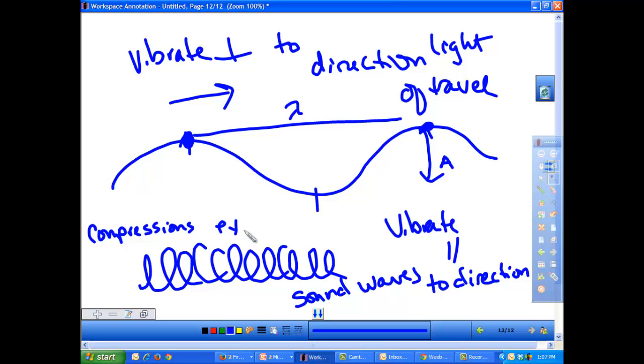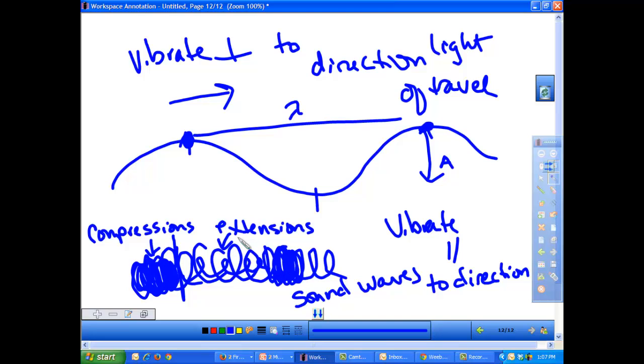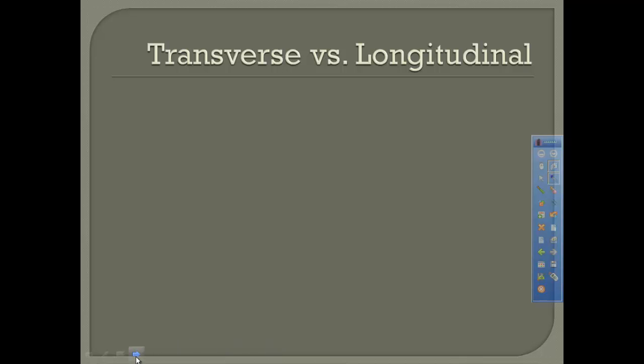And this book calls them extensions, which I like better than the other word that was used in y'all's pre-AP book. But for compressions, as the wave moves along, you're going to have regions of higher density and regions where they're kind of spread out. So your compressions are going to be the higher density regions and your extensions are going to be the spread out regions. Same thing as a crest and a trough, just in a linear sense instead of up and down.